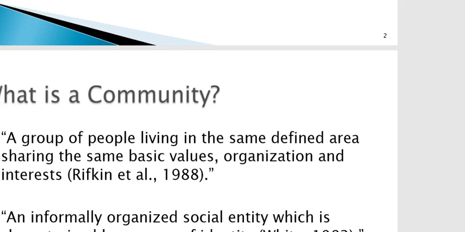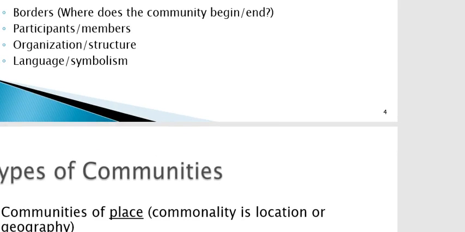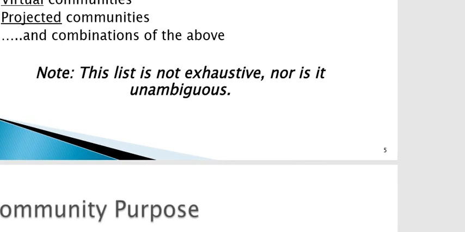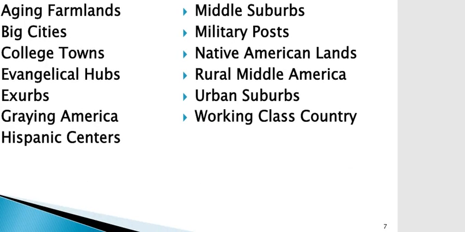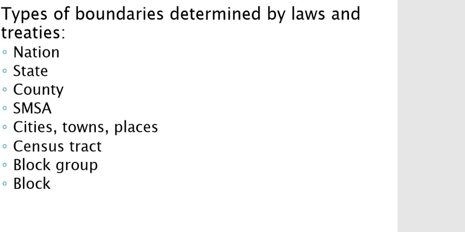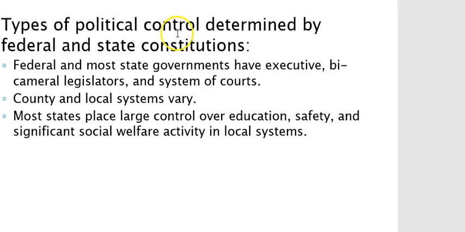You want to review what defines a community, the characteristics of a community, the types of community, which I'll talk about in a second, because what's in the PowerPoint is also based in the readings, the purpose, geographic organization in the United States, how communities are organized. And so please review that PowerPoint as a first step in understanding and defining communities for the week.